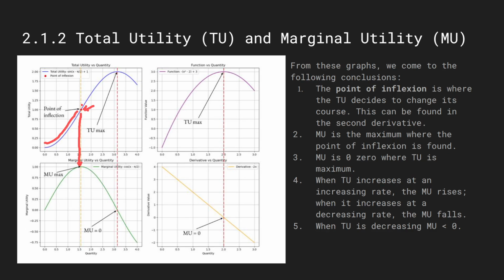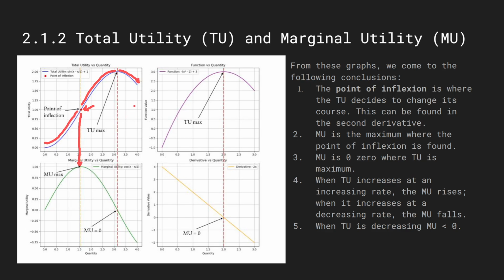And after the point of inflation and before the TU max, our satisfaction level is still increasing, but it is increasing at a decreasing rate. And at TU max, where our satisfaction level is highest, after TU max, the satisfaction level is going down. That means at TU max, our marginal utility is 0.